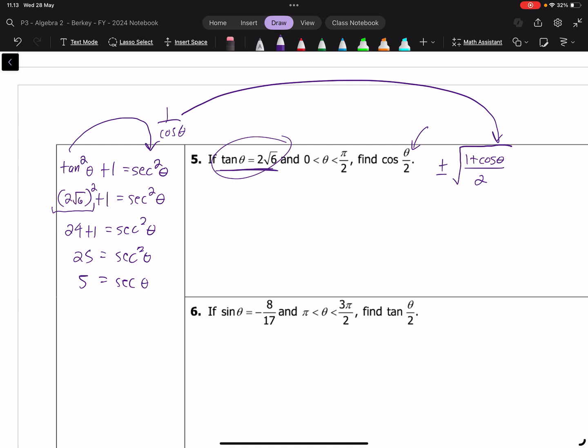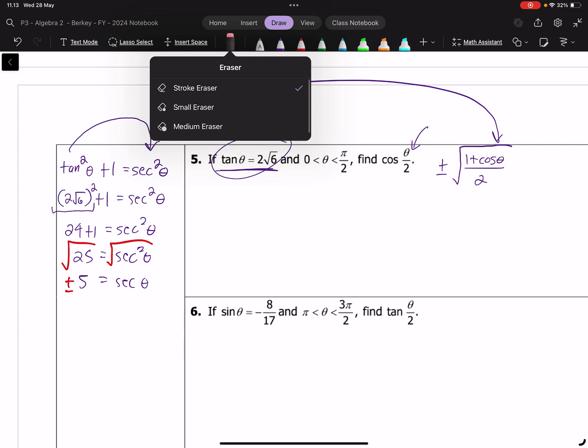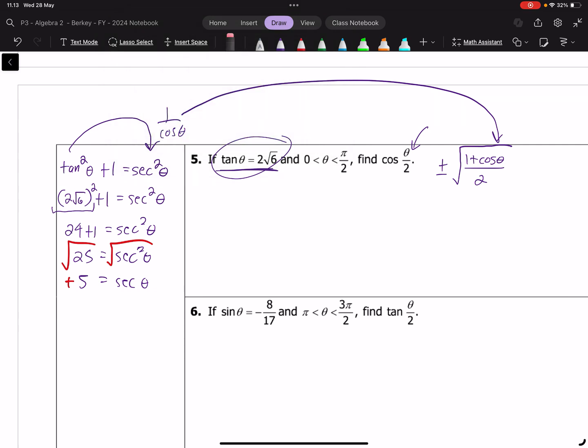Now, this comes into play, right? Because when I take the square root of both sides, I technically get a plus or minus here. But we're in the first quadrant, where everything is positive. So I'm only taking the positive value of 5. Not the minus value, right?